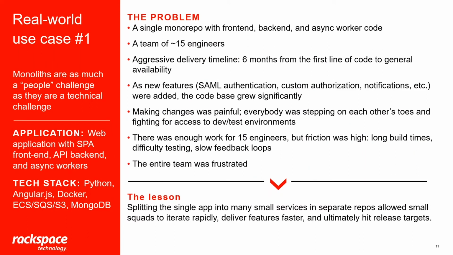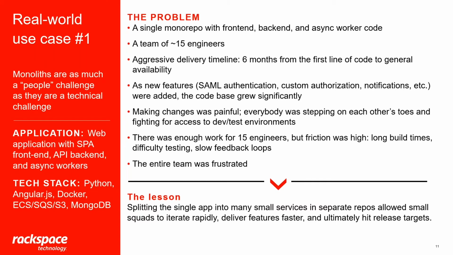This is actually a case that we had with a customer that had a large team of engineers. Again, web application, API backend, front end, async workers, something that already sounds interesting and in line with what we're doing.